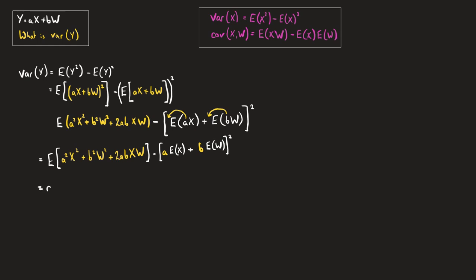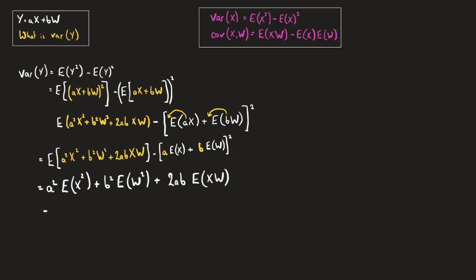So this is going to be equal to a squared times the expectation of x squared plus b squared times the expectation of w squared plus 2ab times the expectation of xw. So that's this first term, and the second term we've got minus, we're going to square this bracket.